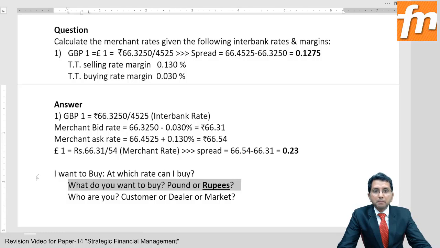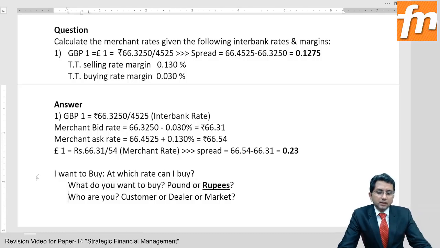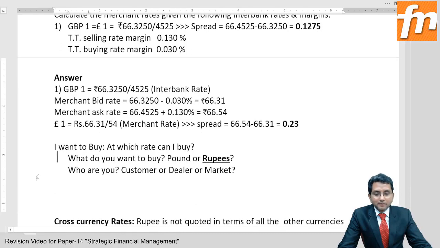If question says buy pound, fantastic, rate is given for £1. So think about buying pound. But if question says buy Indian rupees, then you will say, okay, I won't think about Indian rupees because the rate is given for £1. Question says buy Indian rupees, it means sell pound. Think it like that. And then, are you a customer or dealer or the market, and if nothing is specified, you are the quote taker. Accordingly, you can decide rate.